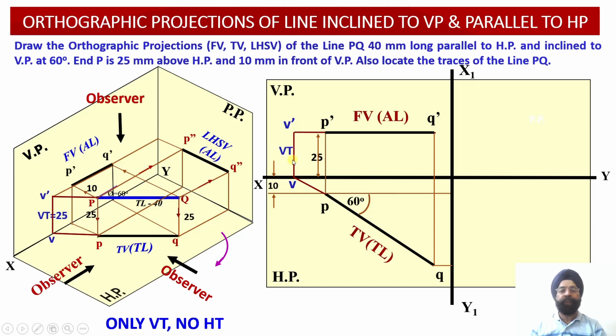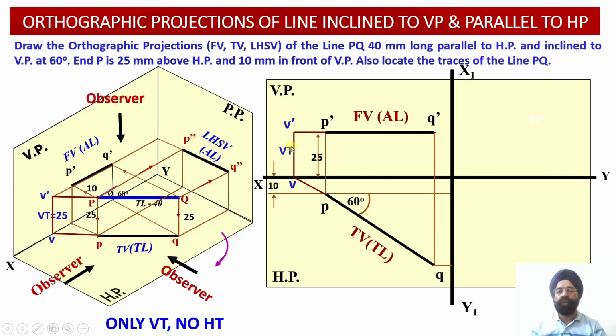This vertical projector does not intersect with the elevation projection line itself, so we have to extend the elevation projection line up to the vertical projector emerging from the point V.